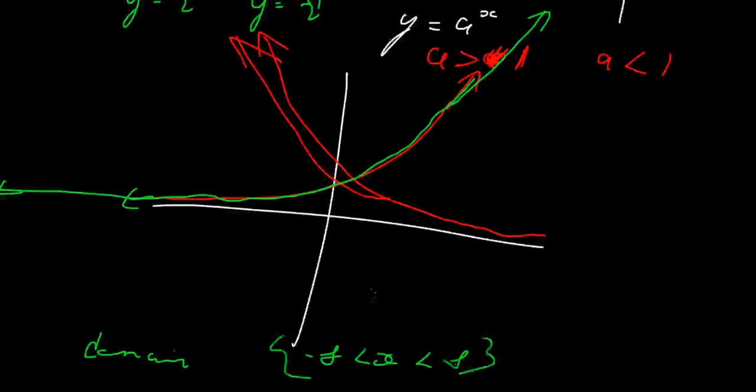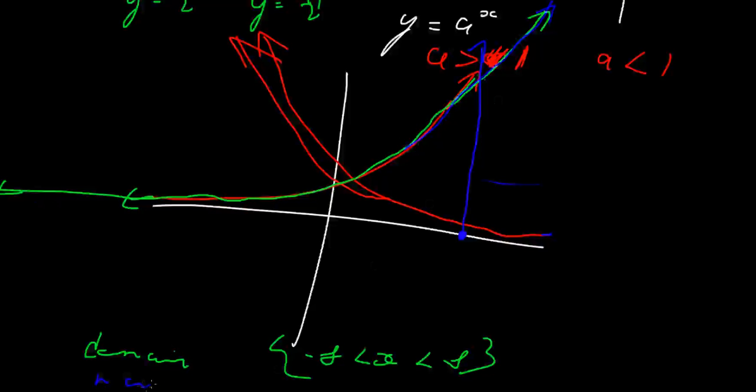Okay, if we look at the range, this applies to both of these, by the way, a greater than 1 or less than 1. If you look over here at the range, do you see that? Remember, we said the graph gets closer and closer to the x-axis but never touches. So it starts at the x-axis but not including the x-axis, and increases all the way to infinity, because you see this keeps going up, up, up on the y-axis.